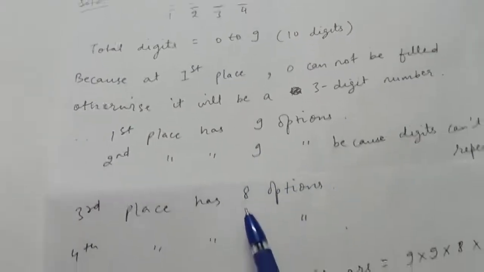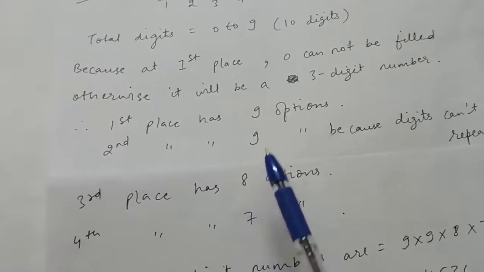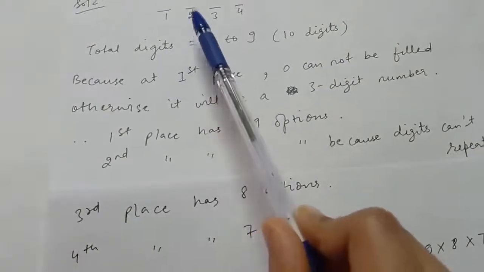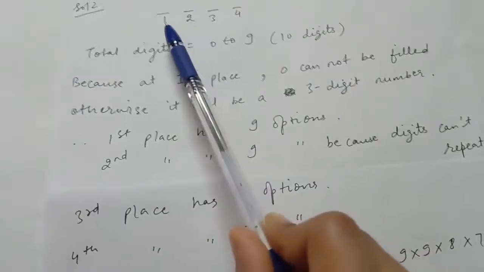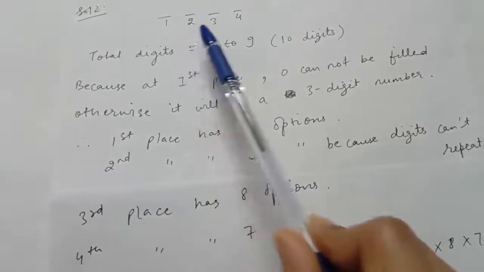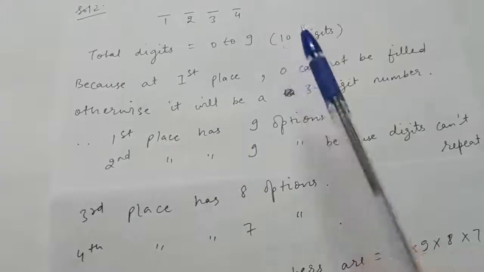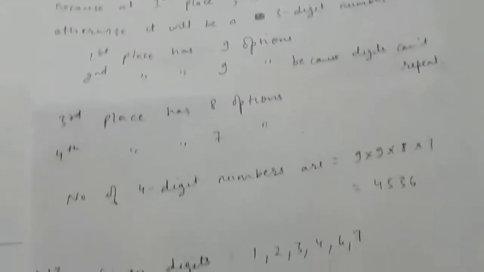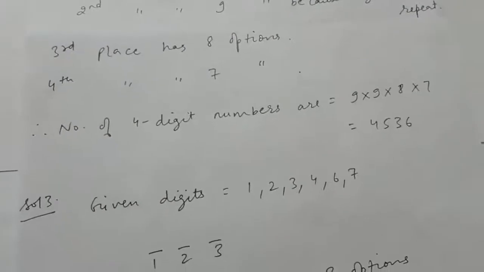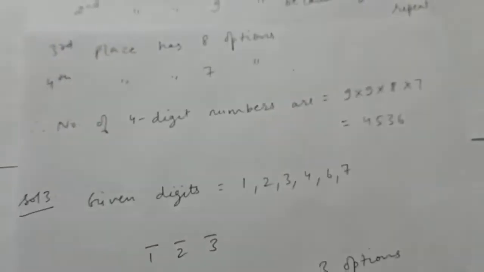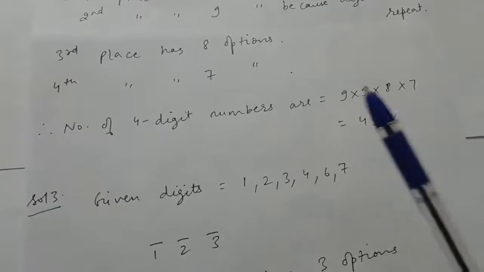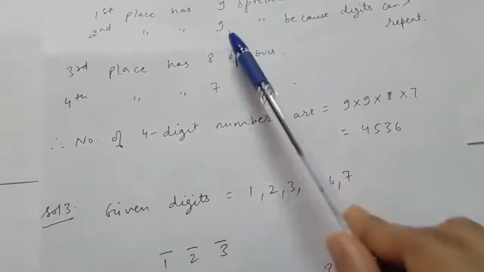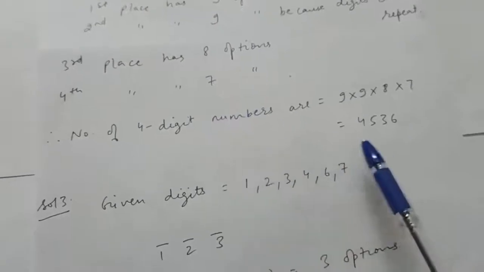Now for the third place, because one option has been used at the first place and one at the second place, 2 digits have been used. Therefore from 10 only 8 digits are left. So for the third place we have 8 options and for the fourth place we will have 7 options. Therefore the total number of 4-digit numbers which can be formed is 9 into 9 into 8 into 7, that is this, right?